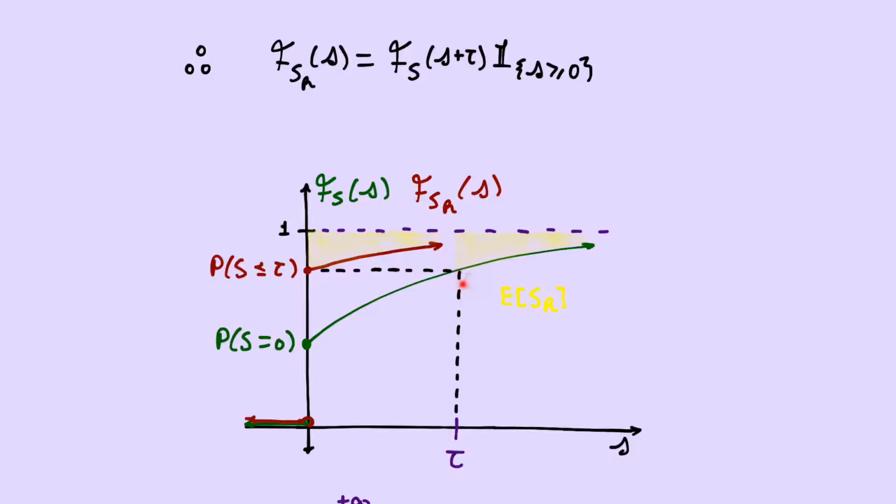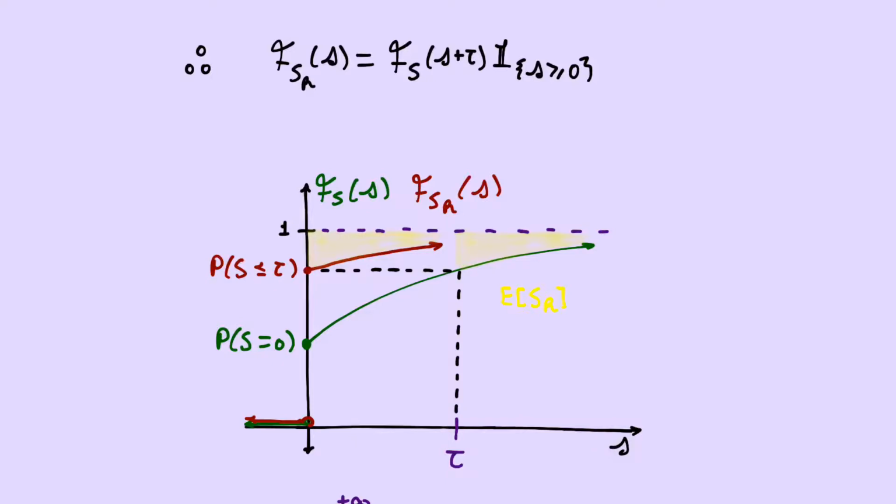So what is the interpretation? For the reinsurance company, the behavior of the random variable is the same that the original random variable S has, but relocated. We have to relocate the values that the random variable has for the insurance company. But once relocated, it is the same behavior, just for the values when S is greater than tau.